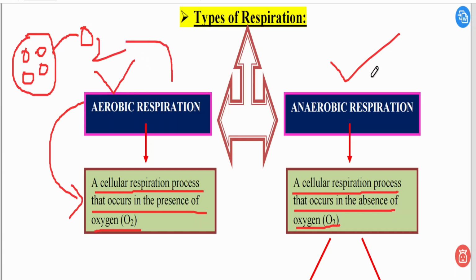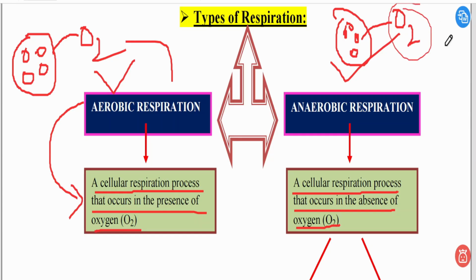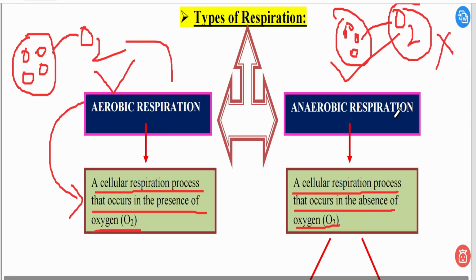But in anaerobic respiration, the breakdown of food sources takes place in the absence of oxygen. Here oxygen is not present, so that is called anaerobic respiration.